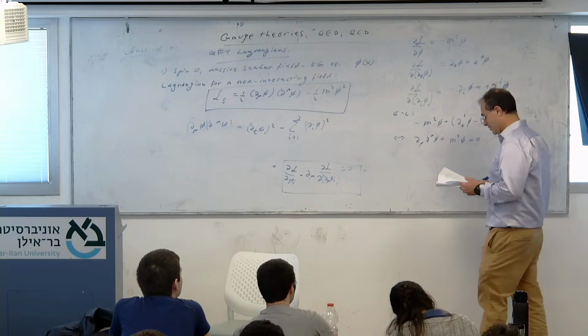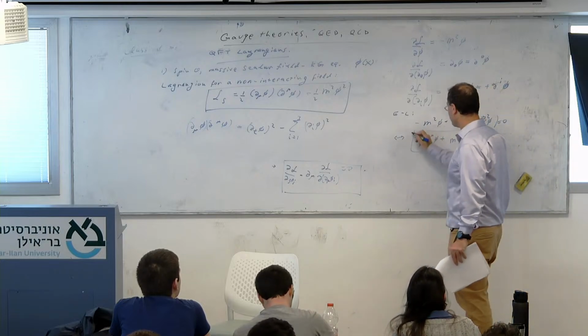Bingo. What is that? This is the Klein-Gordon equation.